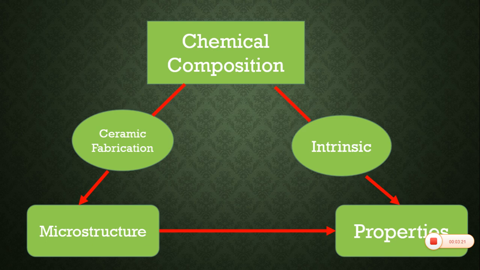They include melting point, elastic modulus, coefficient of thermal expansion, and whether the material is brittle, magnetic, ferroelectric, or semiconductor; these are all intrinsic properties. While the microstructure-related properties include its electrical properties, dielectric constant, and strength; these are all properties dependent on the microstructure.